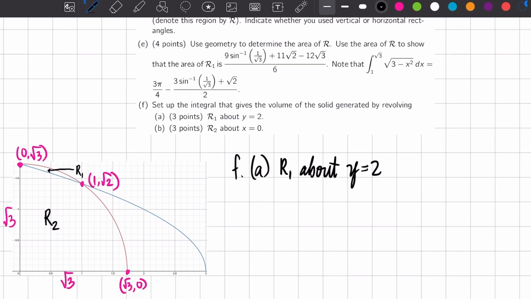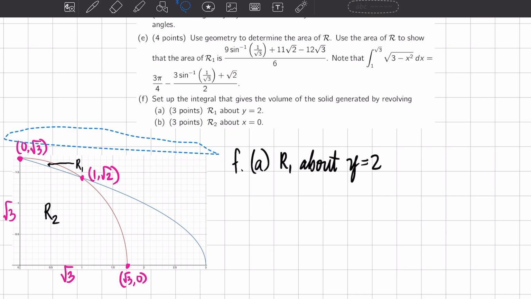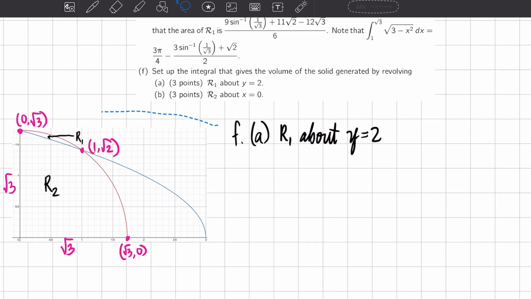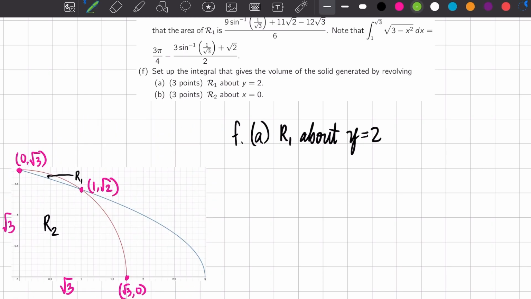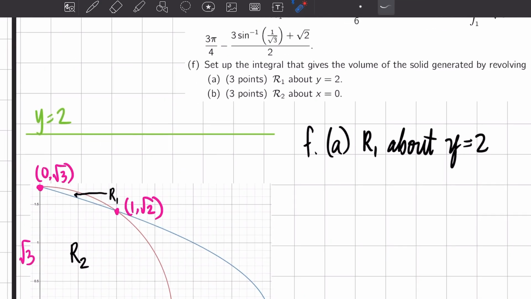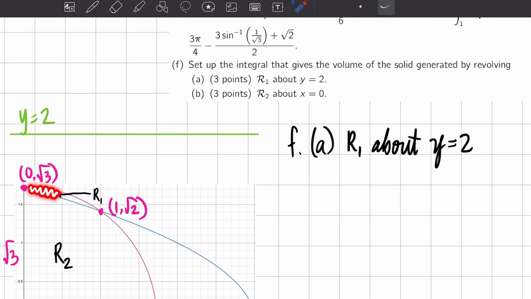So the line y equals 2, that's something that is above y equals square root of 3. So let's just move this one a little bit. And this line right here should be y equals 2. And what we want to do is revolve this region right here about this line.